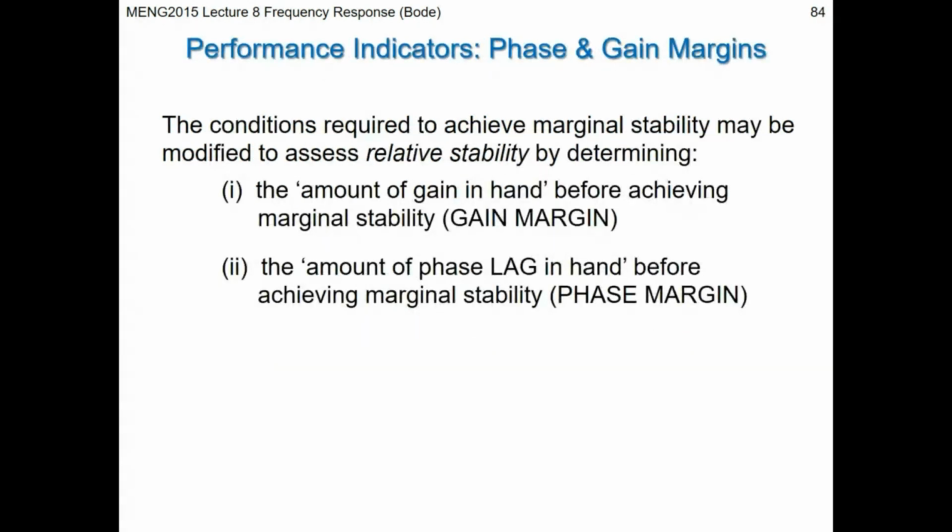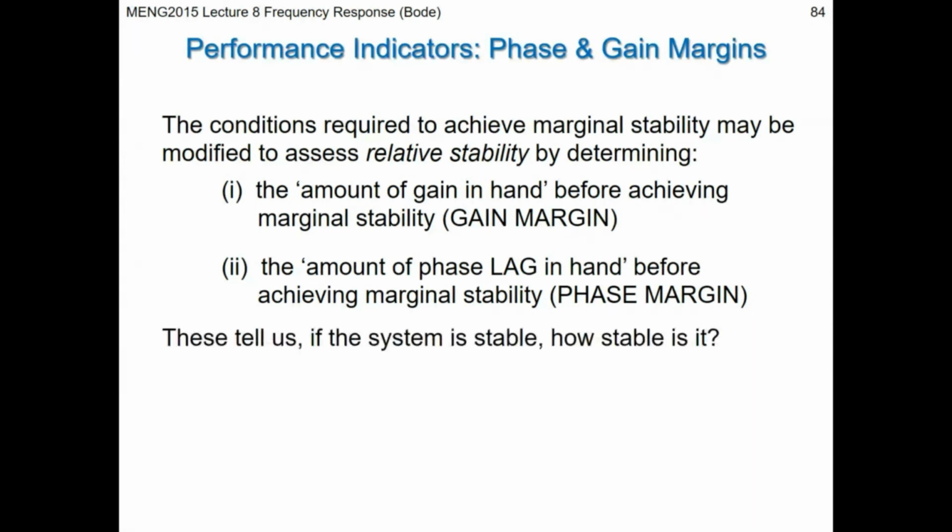So the amount of phase lag in hand before we achieve this condition of marginal stability is called the phase margin. If we're moving the phase line down, for instance, how far can we move it before it crosses minus 180 degrees at the same frequency as the gain line crosses 0 dBs, which is the marginally stable condition?